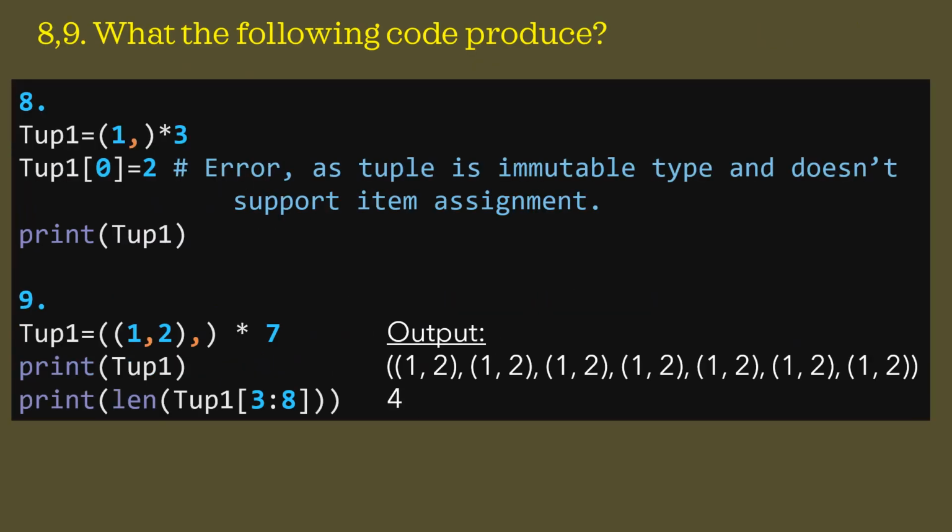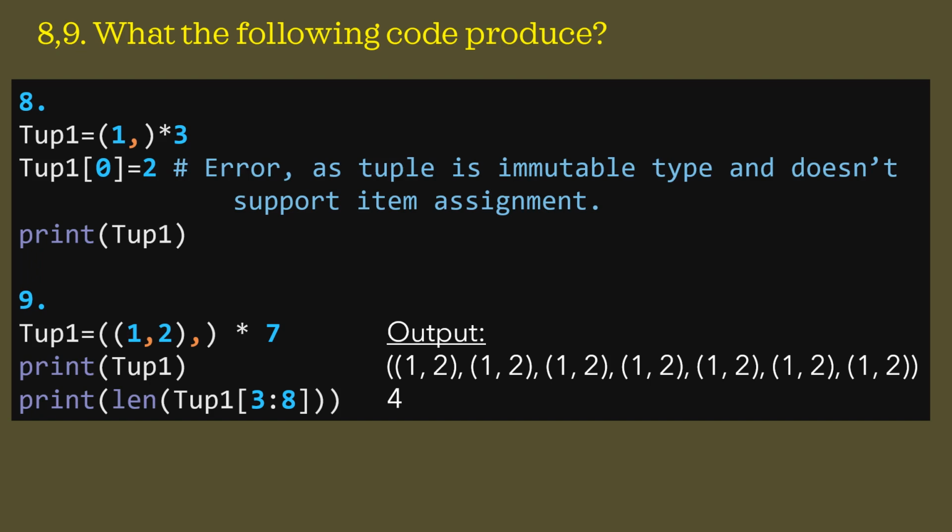Now, what does the following code produce? Question number 8. Here tup1 is equal to 1 into 3. Here you can see 1 is in the form of a tuple, so this tuple element will be repeated 3 times. That means tup1 will be a tuple having 3 elements, each with value 1. In the next line, tup1 of 0 is equal to 2.